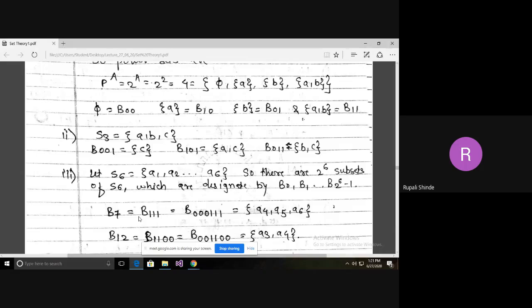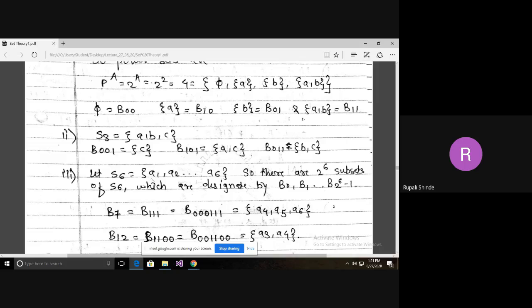Are you aware of this? Yes, ma'am. Can you tell me how 7 can be represented in binary? 111. Yes, 111. So the binary representation for 7 is 111.